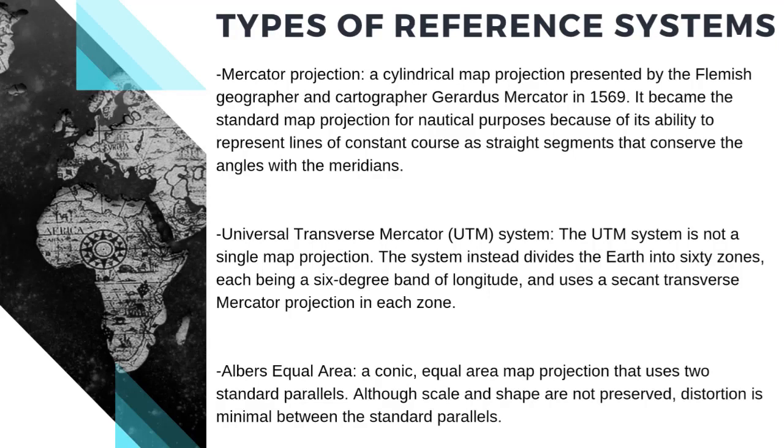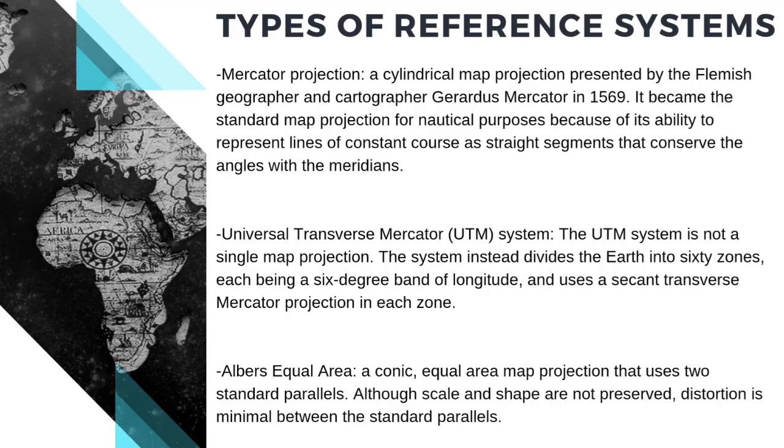For example, the Mercator projection is a cylindrical map projection presented by the Flemish geographer Gerardus Mercator. It became the standard map projection for nautical purposes because of its ability to represent lines of constant course as straight segments that conserve the angles with the meridians. We have also the most common projection system, the UTM, the Universal Transverse Mercator.